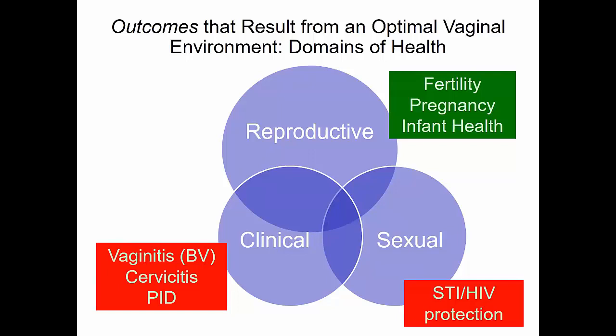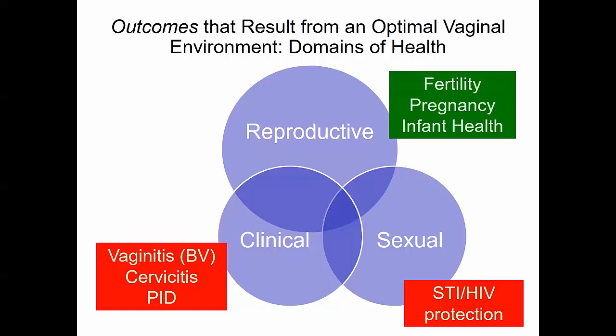So the reason that bacterial vaginosis, which I'll define shortly, or abnormal or suboptimal vaginal environment really got on the map in the late 80s, sort of the 1990s, many of you in this room were involved in this, particularly the STD clinic clinicians, it's because it became pretty clear that not having this optimal vaginal environment was associated with adverse reproductive health outcomes, right? So you were more likely to have a healthy baby, meaning a normal birth weight baby, a normal term baby, and an uninfected baby if you had an optimal vaginal environment.